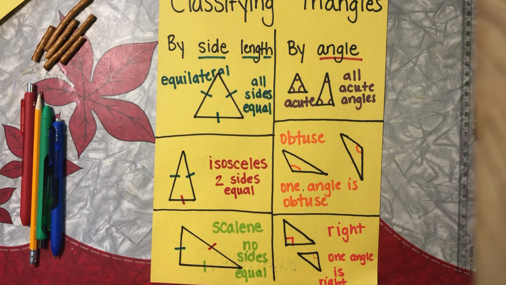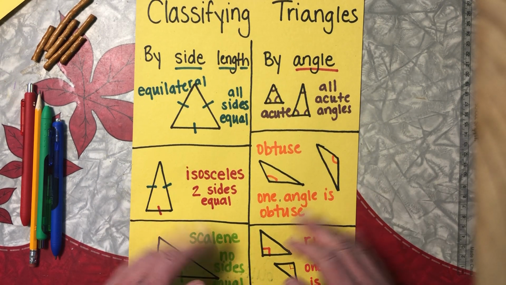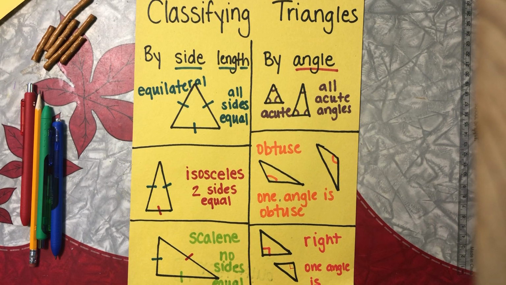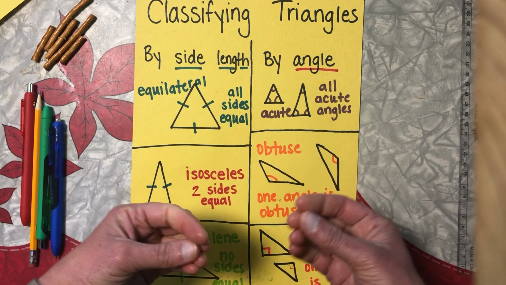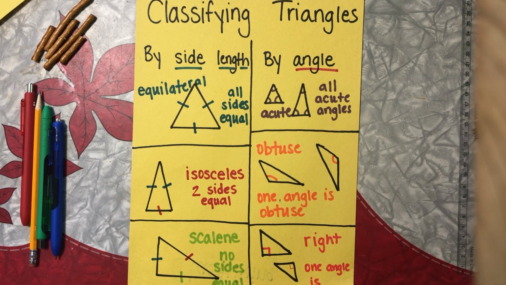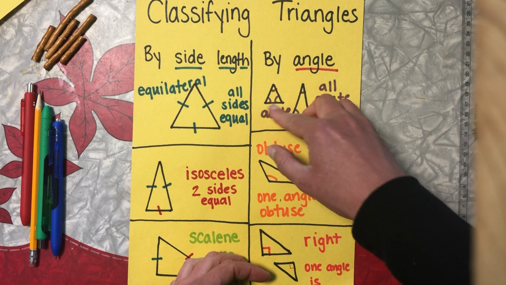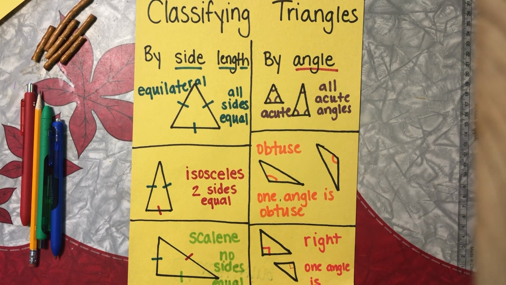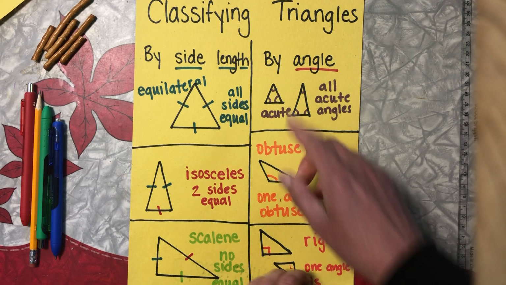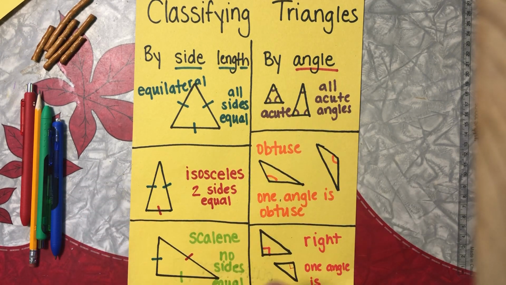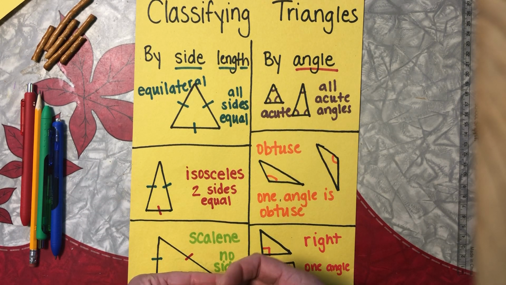And classifying triangles by their angles is a little bit easier because we've been working on angle types. An acute triangle has 3 acute angles. All are the same. In fact, they're exactly 60 degrees, because inside of a triangle, you have 180 degrees. If you added up all the angles in any triangle, you would get 180 degrees.